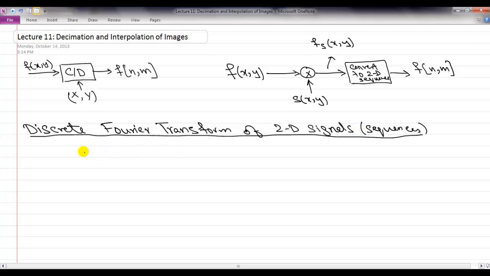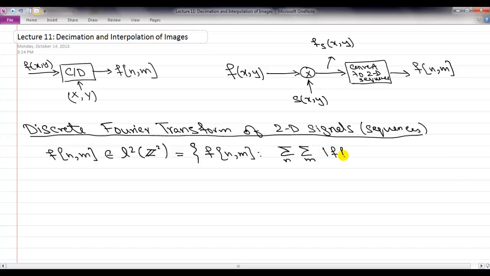And the idea is that if you have a sequence f of n, m which belongs to L2 of Z2, which is simply the collection of all f of n, m such that they are absolutely summable, so if we sum up all the values and take the square, that is less than infinity.